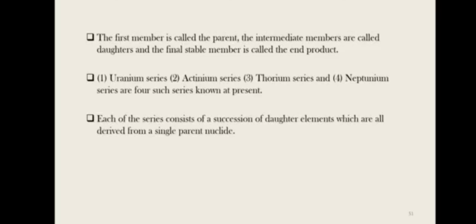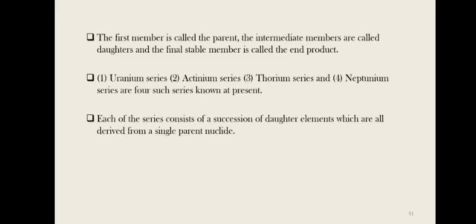The first member is called the parent, the intermediate members are called the daughters, and the final stable member is called the end product. Uranium series, actinium series, thorium series, and neptunium series are 4 such series that are known at present. Here the neptunium series is the artificial one, whereas the uranium series, actinium series and thorium series are naturally produced ones.